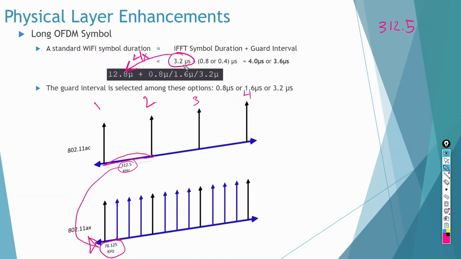That actually depends on the change that was done in the time domain. So here we multiplied by 4. At the frequency domain, we will divide this number by 4. So dividing that by 4 would exactly equal 78.125 kilohertz.